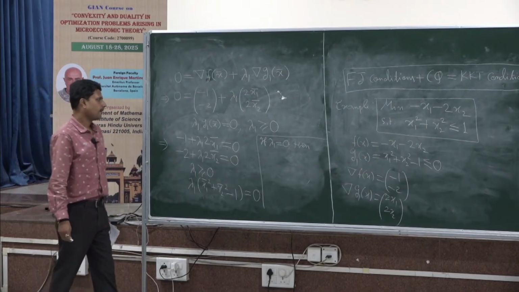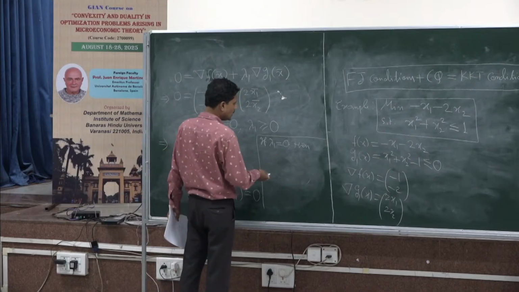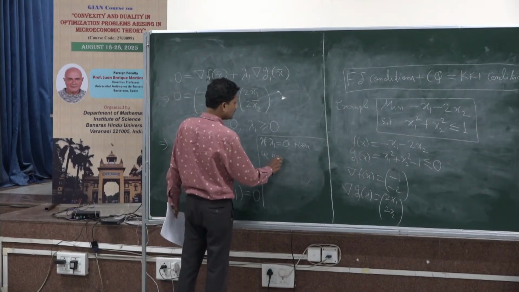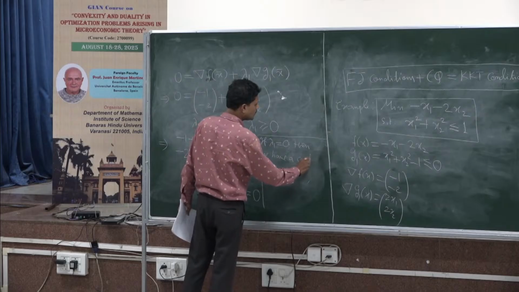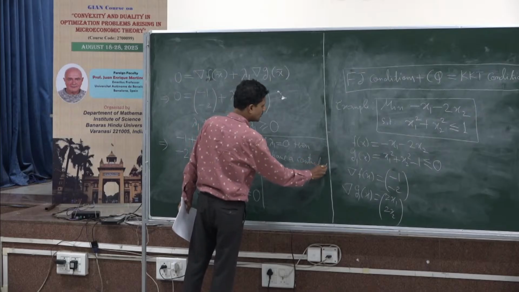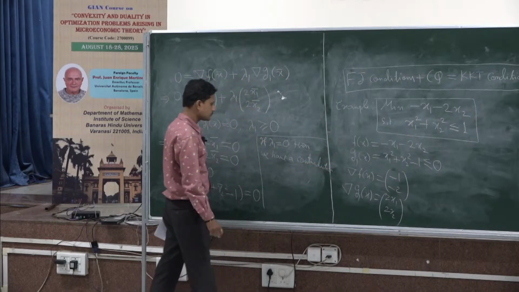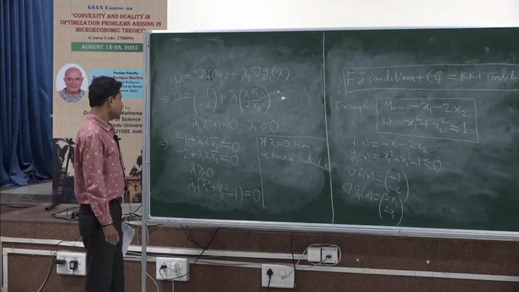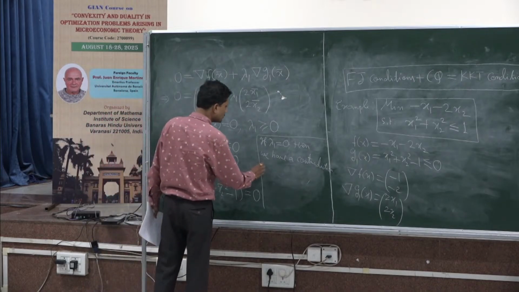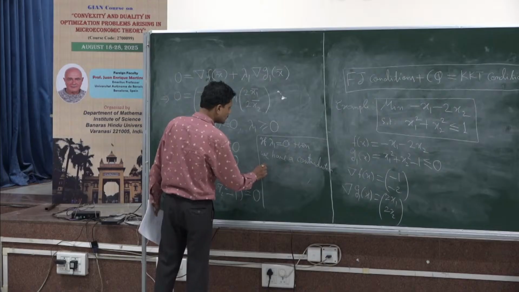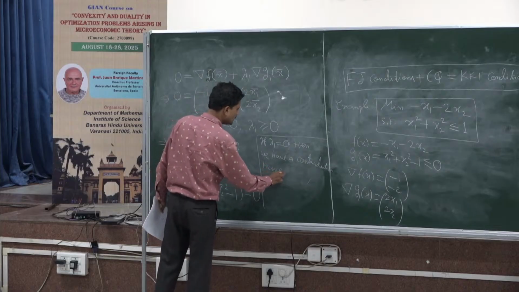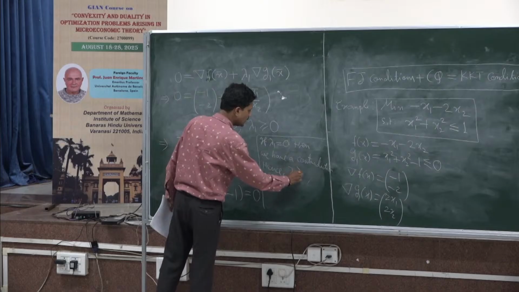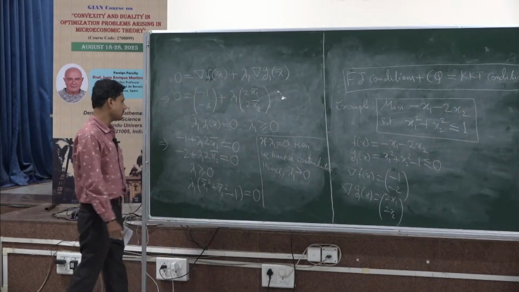Then we have a contradiction. Hence, lambda 1 is greater than 0.